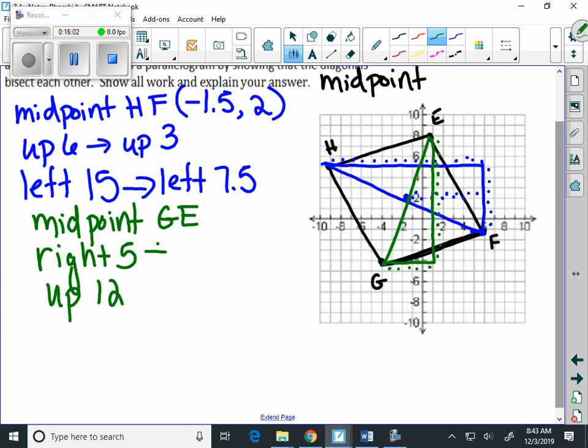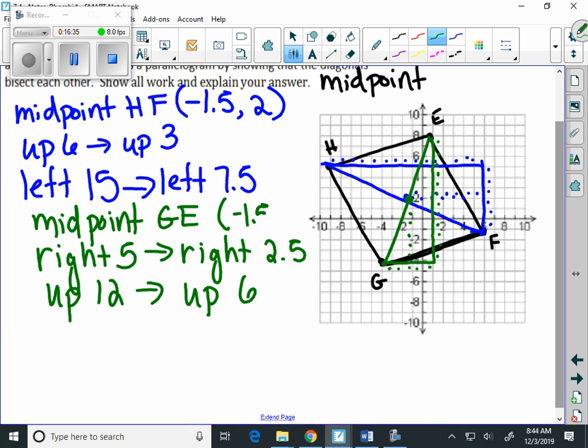Up 12. But we're dealing with the midpoint, and the midpoint means that we're going to take half of that value. So it's going to be right 2.5. It's going to be up 6. Half of 5, half of 12. So right 2.5, and then up 6. And again, what we see is that our midpoint is negative 1.5, 2.